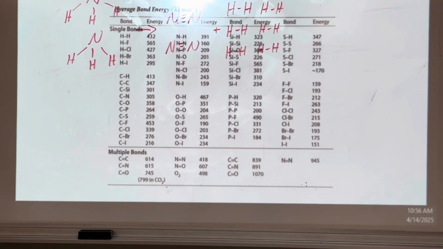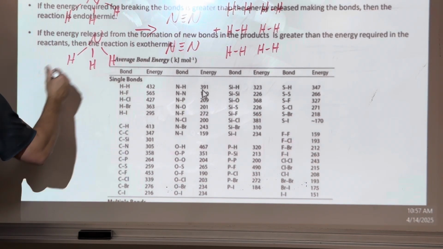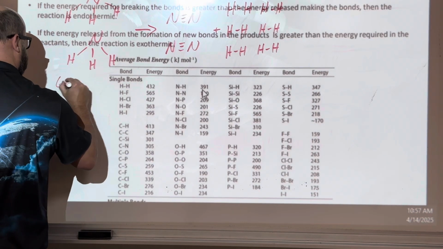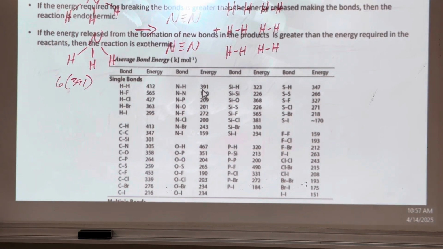Over here we got 3 nitrogen to hydrogens for each. So let's find nitrogen to hydrogen. 391. And that's 3 and 6. So 6 times 391.